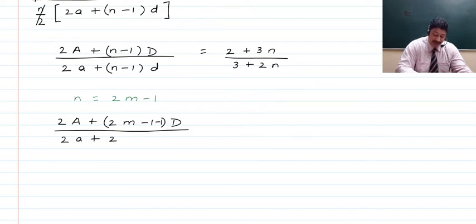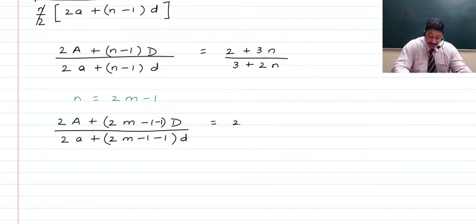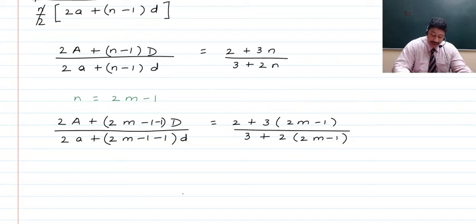So just the value of n is 2m minus 1, and after that we also have to write a minus 1. So further in the denominator also we will write 2m minus 1 minus 1, and here the common difference is small d, and this ratio here is 2 plus 3 times of, again here also in place of n we will be substituting 2m minus 1, so it will become 2m minus 1 upon 3 plus 2 times of, in place of n, 2m minus 1, right?